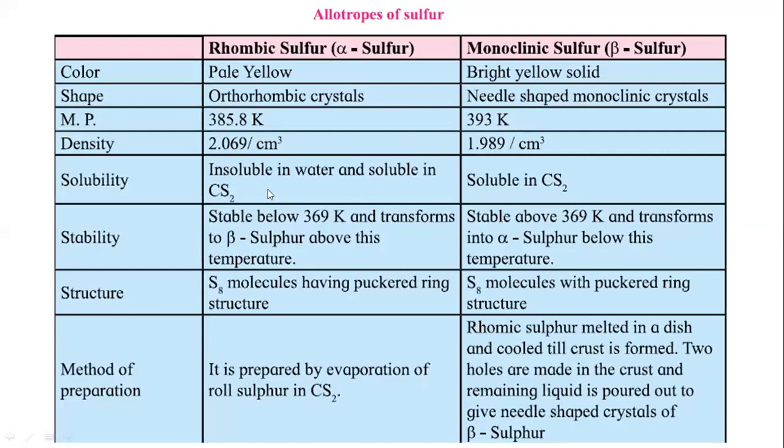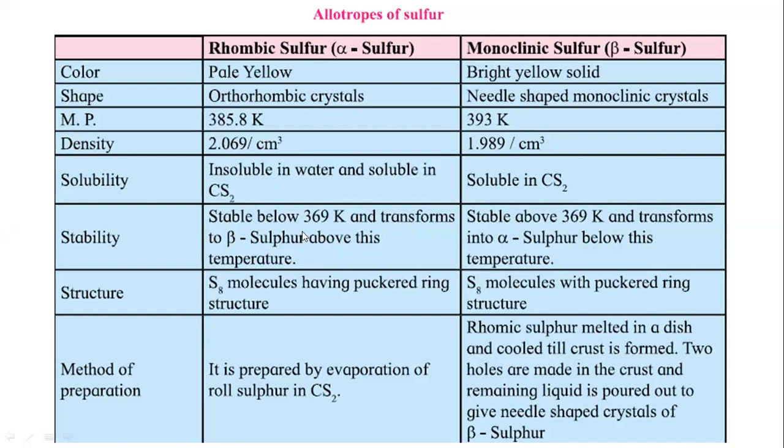Solubility: these are insoluble in water. Rhombic sulfur is insoluble in water but soluble in carbon disulfide. Monoclinic sulfur is soluble only in carbon disulfide. Then stability: rhombic sulfur is stable below 369 Kelvin, and it is converted into beta sulfur above this temperature, remember.